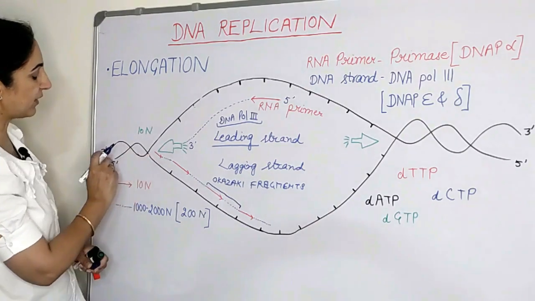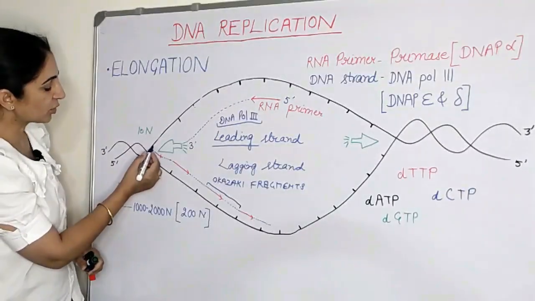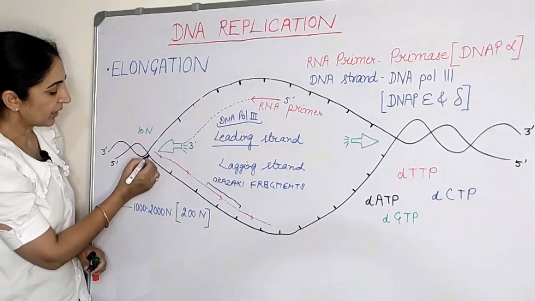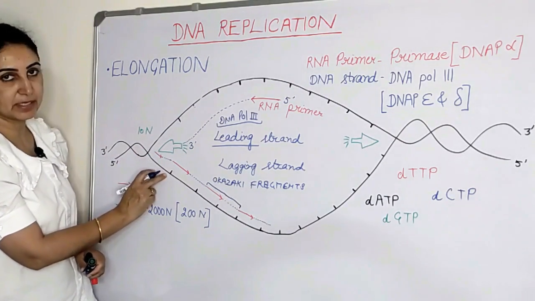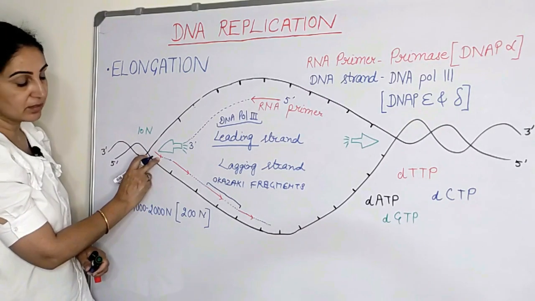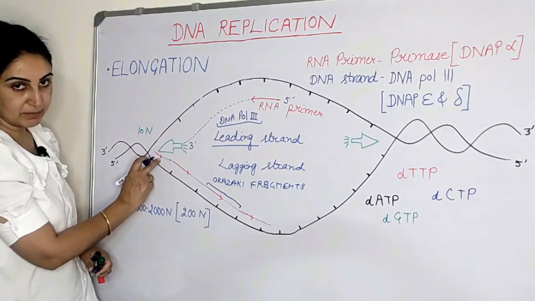On the other side, when these two strands are getting unwound and you have a single strand of DNA here, you form a small RNA primer by the enzyme primase.